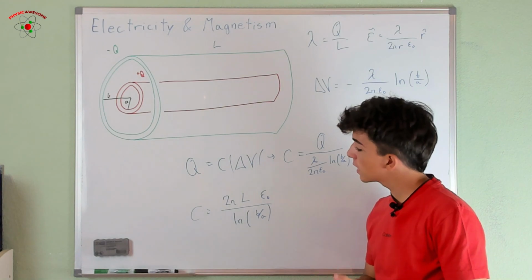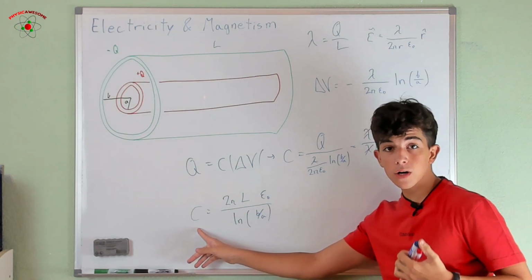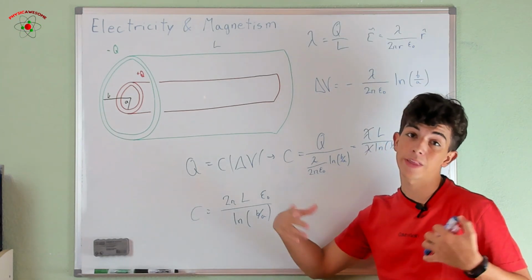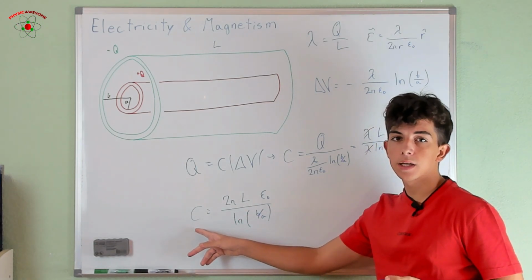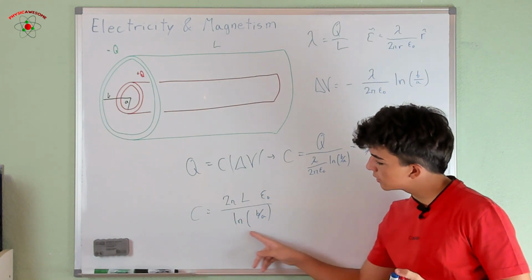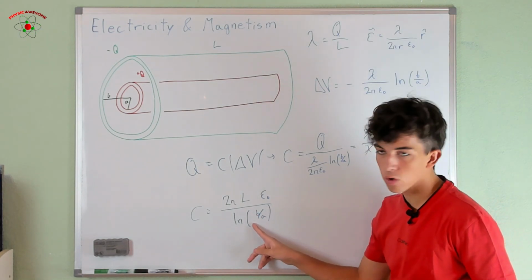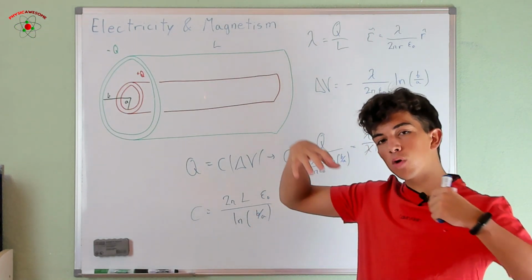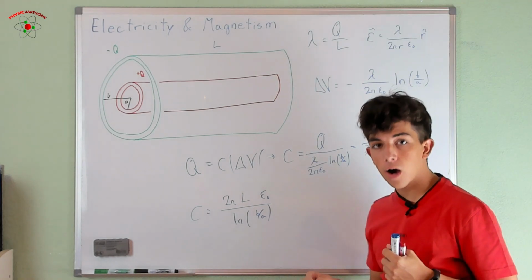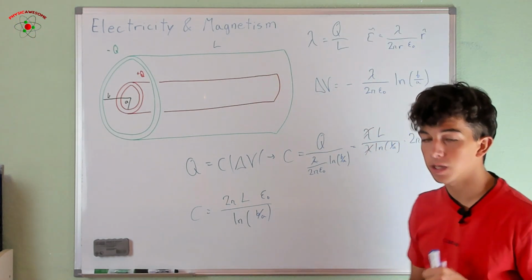What we see is that the longer the shells are, the higher our capacitance is going to be. And also, we see that this logarithm grows whenever this ratio grows. That is, the more separated the two shells are, the higher this capacitance is also going to be.